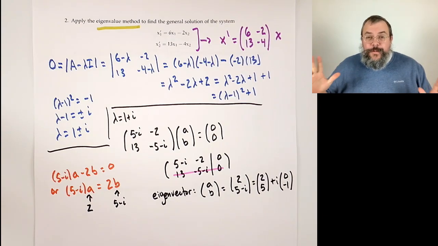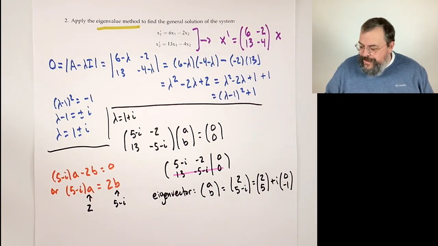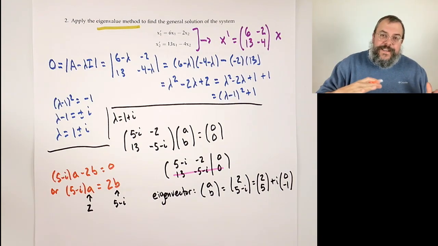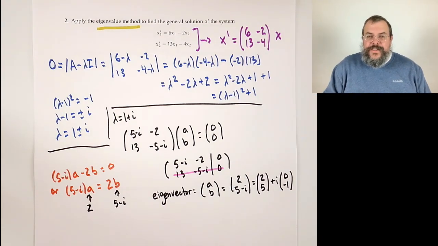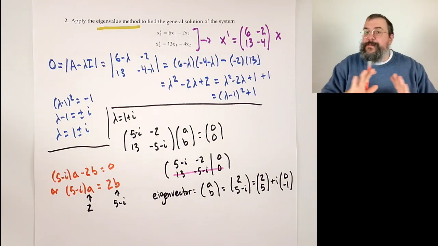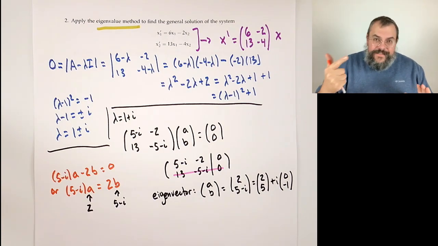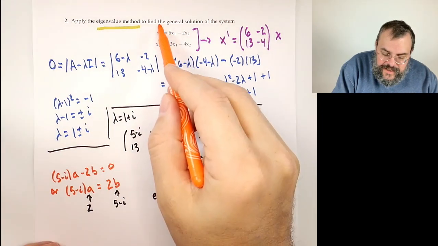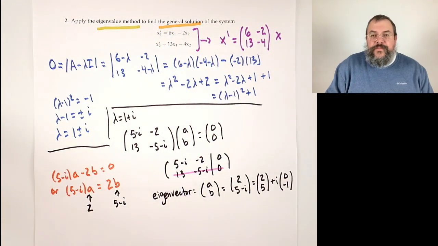Whatever it is we're after, maybe we didn't spend a lot of time saying that. We talked about the eigenvalue method. Oh, we've got to find eigenvalues, got to find eigenvectors. If you see eigenvalue method, you have to do eigenvalues, eigenvectors. No doubts. But what we need is the general solution.